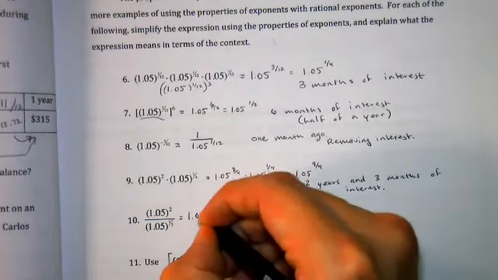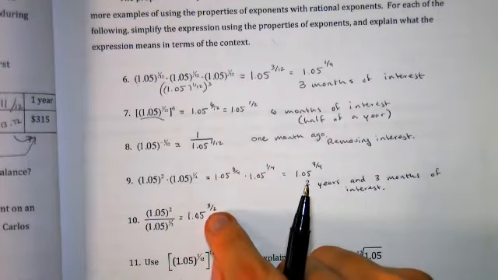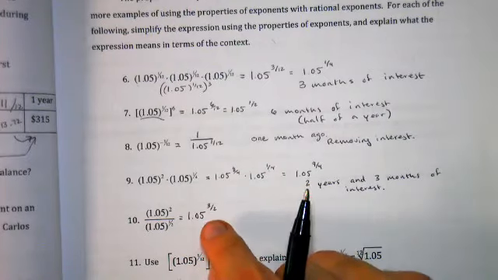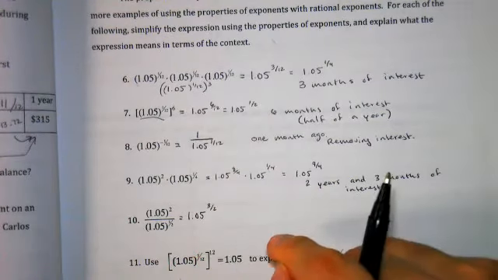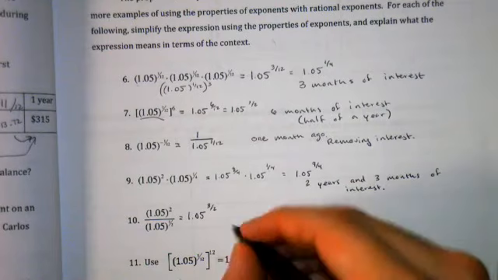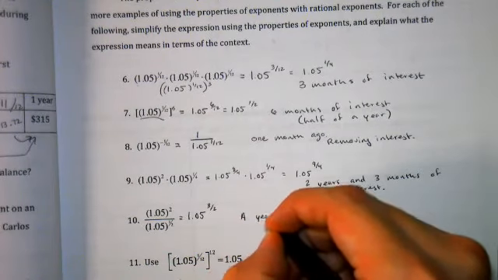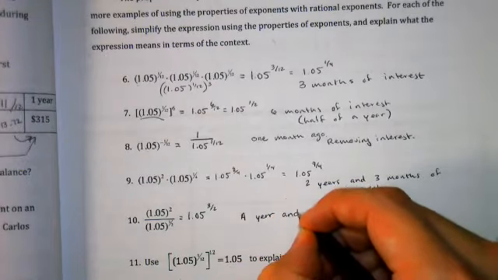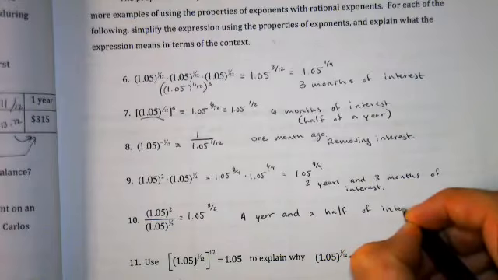So this would be 1.05 to the 3/2 power. That's 1 1/2, so 1 year and a half of a year. That's 12 months and 6 months, so 18 months. This would be a year and a half of interest in the future.